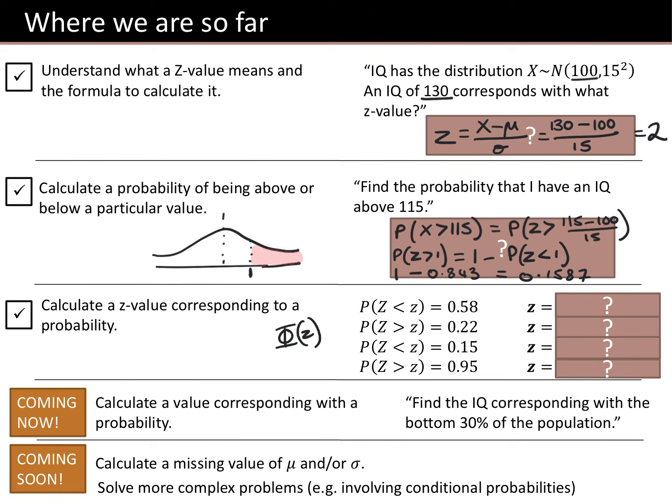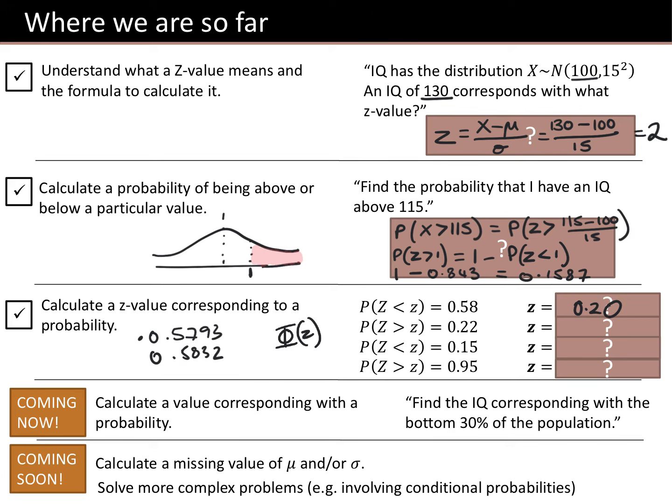I can't find exactly 0.58. There are two values: 0.5793 and 0.5832. Which one is closer to 0.58? It's the first one. So the z that corresponds to that is 0.20.